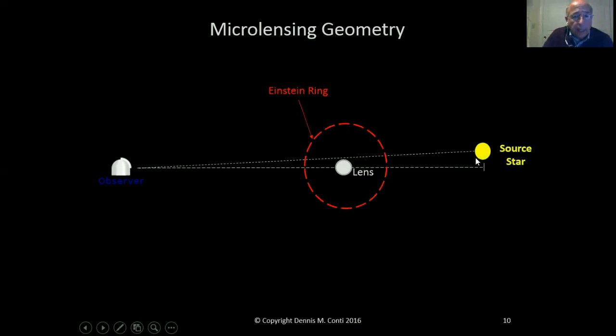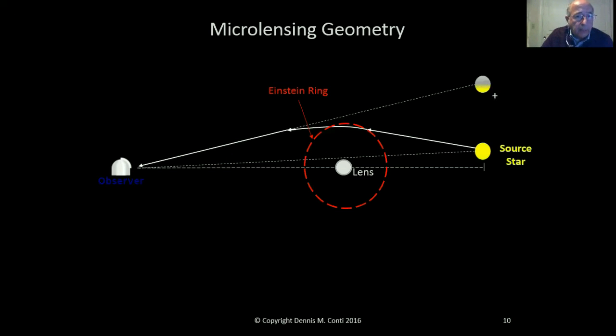In that case, the light from that source star is going to hit the ring, get diverted, and we're going to see, although it's not resolvable, a second image of the source star, as if it's up here. Again, we're not going to see it, but the light from that pseudo image, if you will, is going to represent itself by a brightening of the source star.